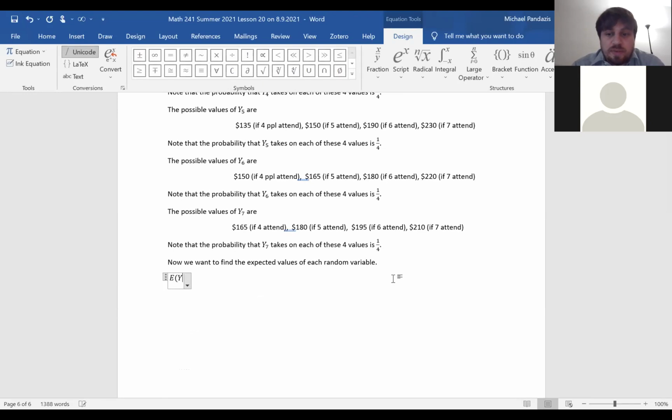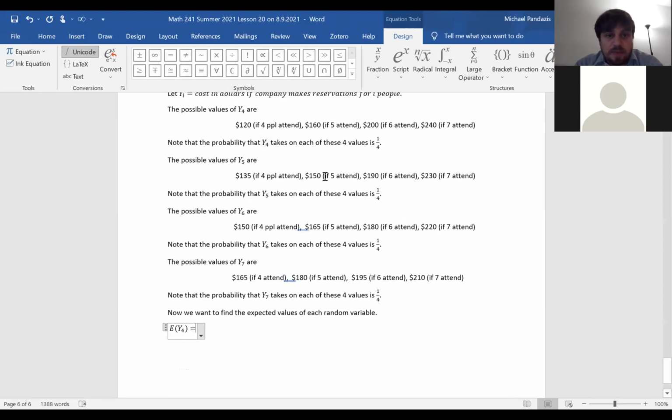So the expected value of y sub 4 is, you take each possible value of y sub 4, which is 120 in dollars, times its probability of 1/4, plus the next possible value, which is 160 times 1/4, plus the next possible value, which is 200 times 1/4, and then plus the last possible value, which is 240 times 1/4.